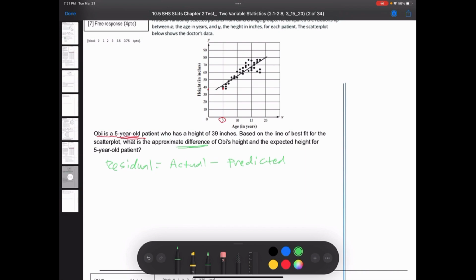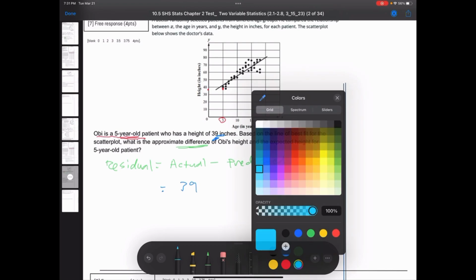So his actual height is 39. I got that from here. And then the predicted for a 5-year-old, let's try a different color here.